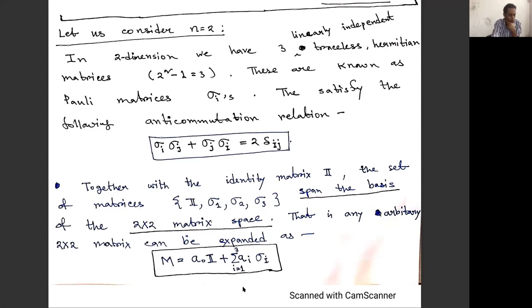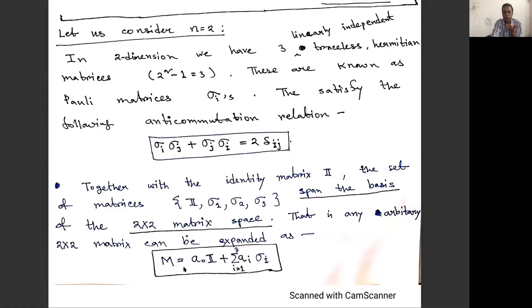So if I want to write down any arbitrary matrix, not necessarily traceless or Hermitian, it depends.